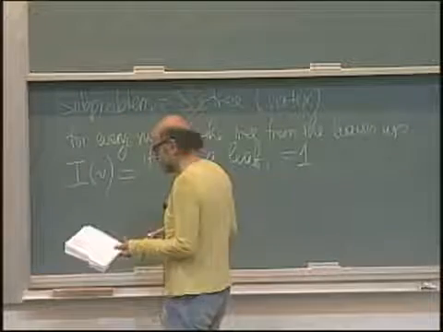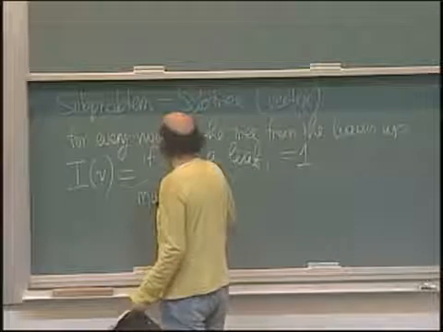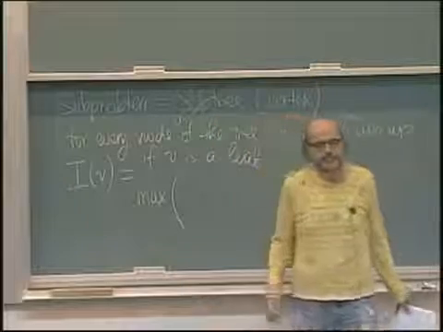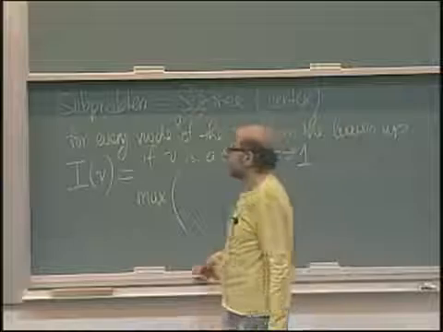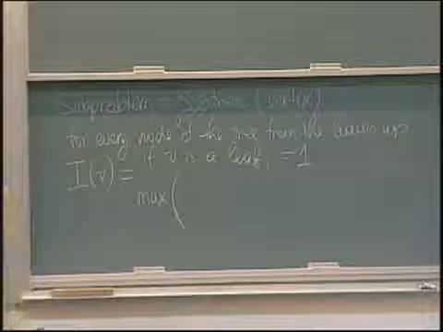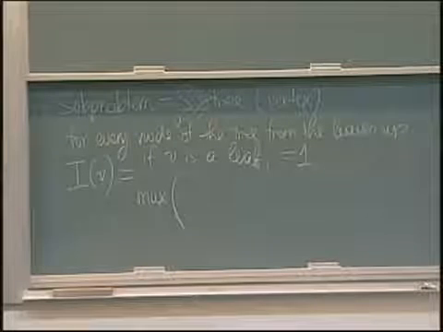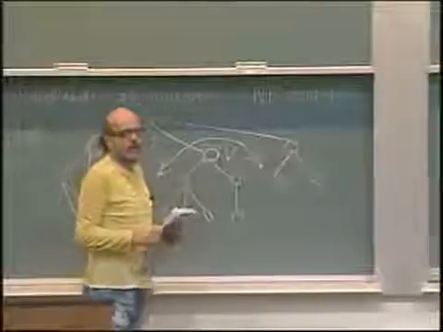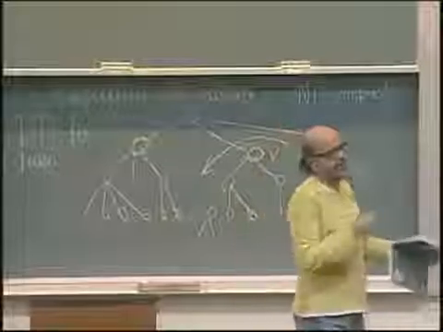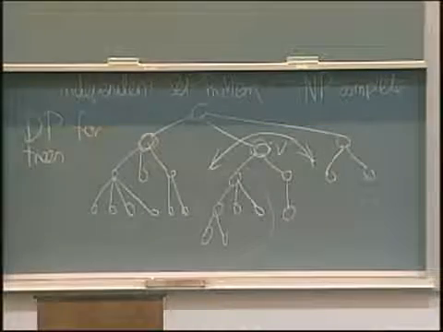Otherwise, it is the maximum, watch, of two things. Here's how you think. Two cases. I want to find the maximum independent set of this subtree, here and below, rooted at this node. This is V, my V. Two cases. Either V is in there or V is not in there.